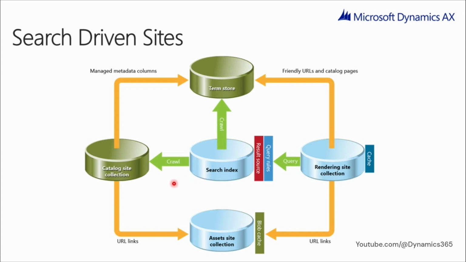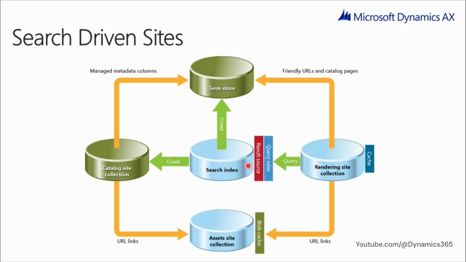So, when I say crawl, it will crawl the data from the catalog site collection and store it in the search index. Similarly, we can customize and add additional attributes and data to the navigational structure, and those will be crawled from the term store. So, all the indexes will be stored in the search index.